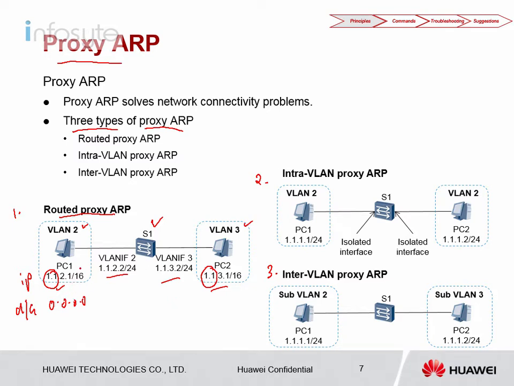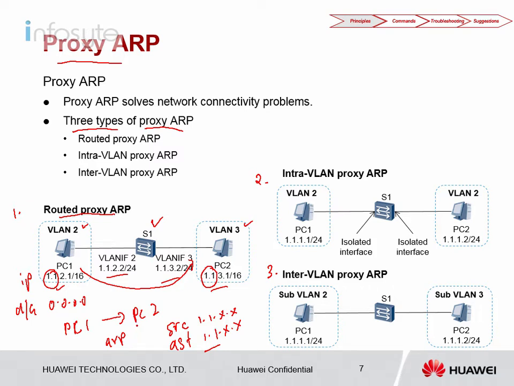So assuming that PC1 want to go to PC2, so instead of using a router, PC1 want to go to PC2 will use ARP because the source, which is 1.1.x.x and destination 1.1.x.x, they belong to the same network.